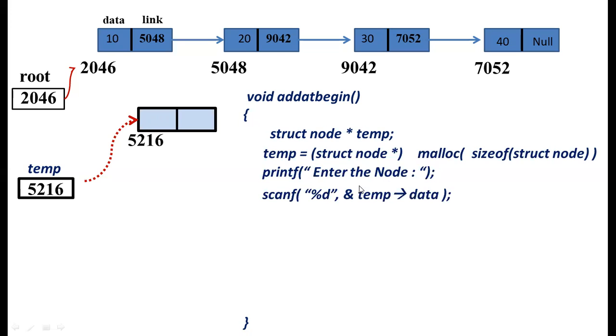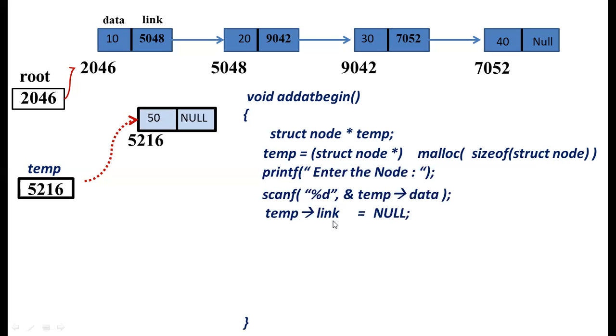This is the data part and this is the link part. So into temp to data we are going to read the value. Suppose we are reading the element into temp to data, say the value is 50. Then the temp to link value should be null. So for that, we assign the null value to temp to link. So here the reading is over.